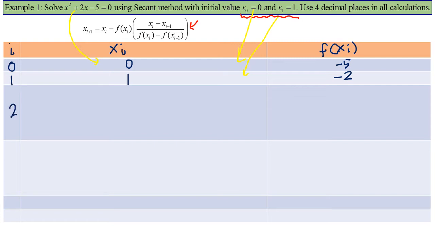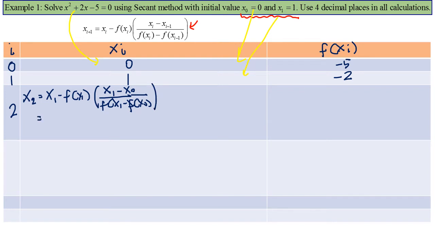For iteration number 2, now you have to apply the formula. You want to know x2, so you use x1 minus f(x1) multiplied by x1 minus x0, divided by f(x1) minus f(x0). I'm just basing it on the formula given.